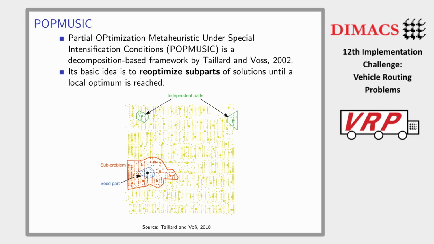So you can re-optimize that part independently of the other parts. And if you manage to find a better sub-solution, you can replace it and improve the global solution. It is also similar to large neighborhood search, and it's known as ruin and recreate in the literature.